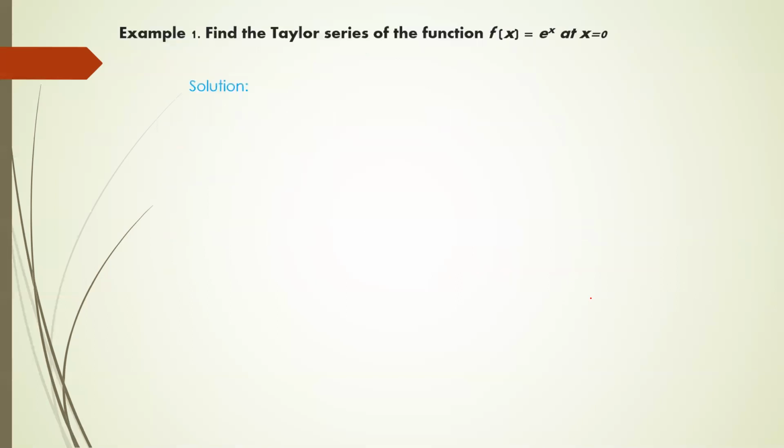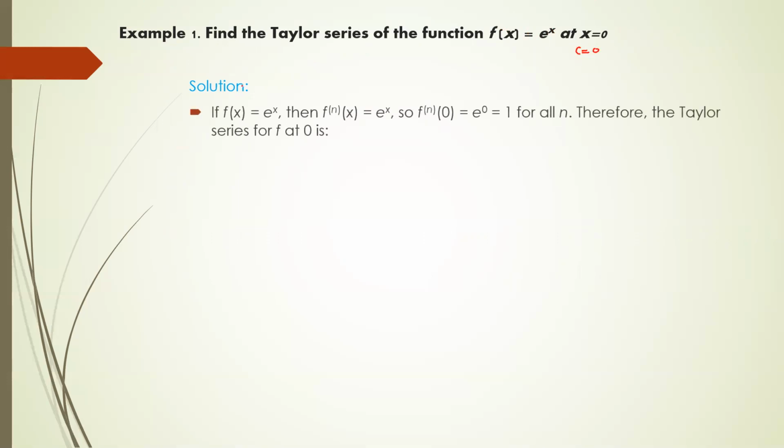Okay, next I'm going to show you 2 examples. First, find the Taylor series of the function f(x) equals e to the x at x equals 0. So basically c is equal to 0. And remember, the e to the x function, no matter how many times we take the derivatives, it's always equal to e to the x.